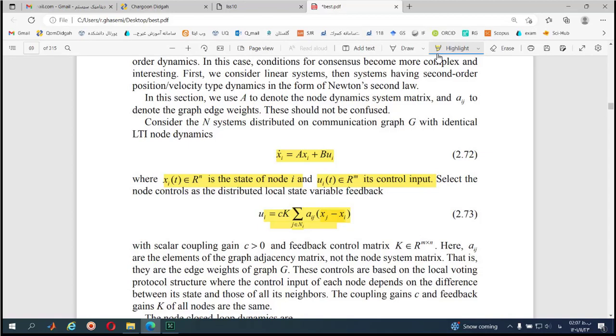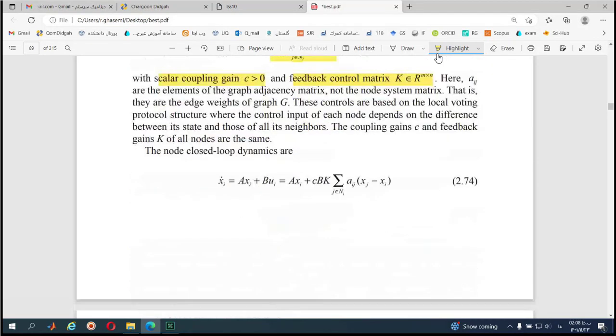C and K: C is a scalar coupling gain that is defined later, and K is a feedback that you should choose so that the closed loop of the system becomes stable.